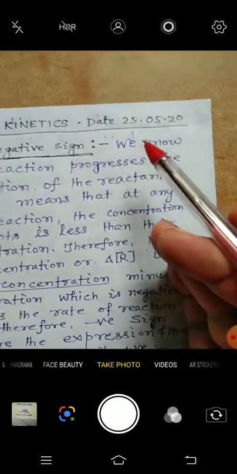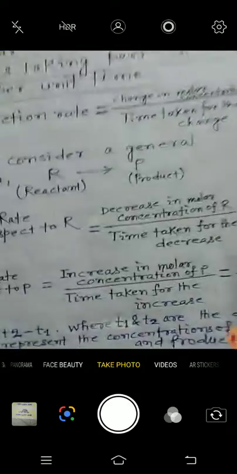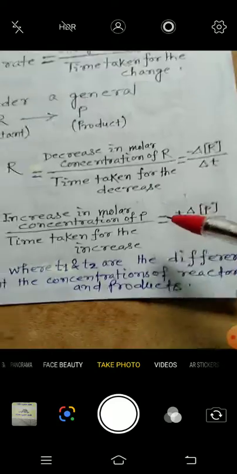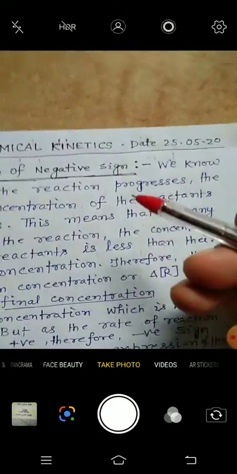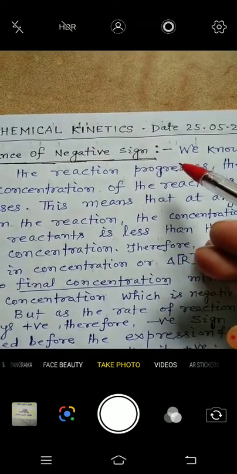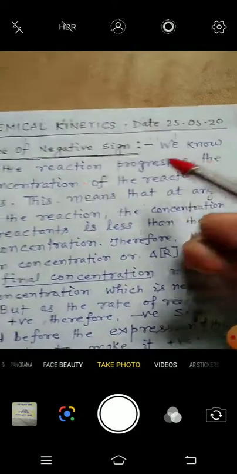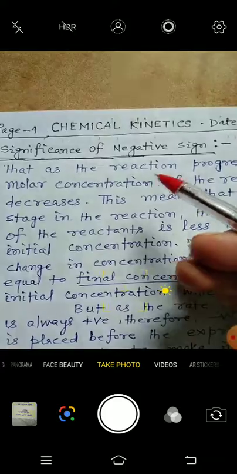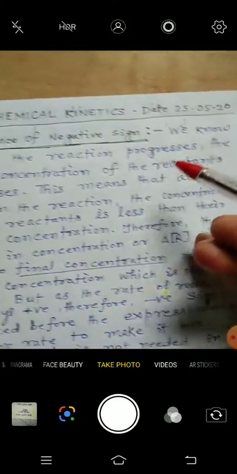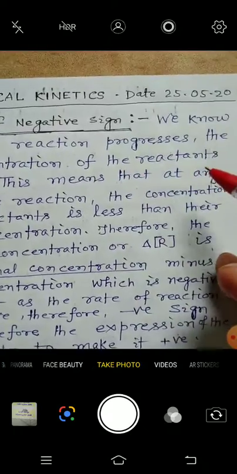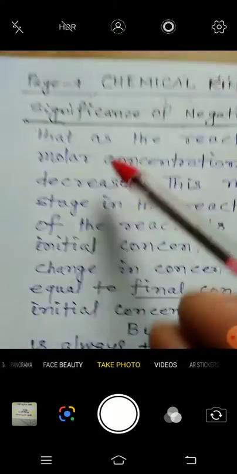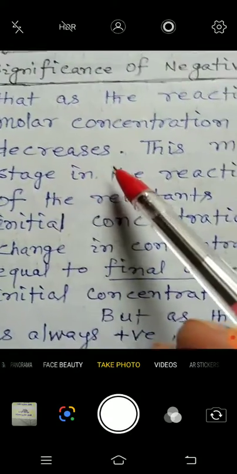So, what is the significance here? Because you see in this rate of reaction there is a minus term, but here is a plus term. Why? What is this significance? The minus, in one way, we know that as the reaction progresses, the molar concentration of the reactants decreases.